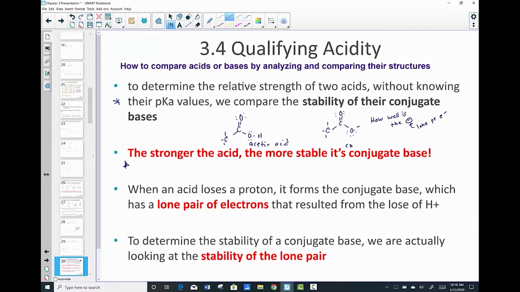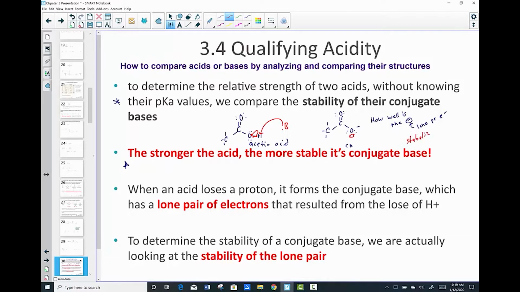In other words, remember when this base reached out to abstract the proton, this shared pair of electrons in the covalent bond collapsed back onto the oxygen. The bond became a lone pair of electrons on the oxygen. How well does this resulting species, this conjugate base, stabilize that negative pair?